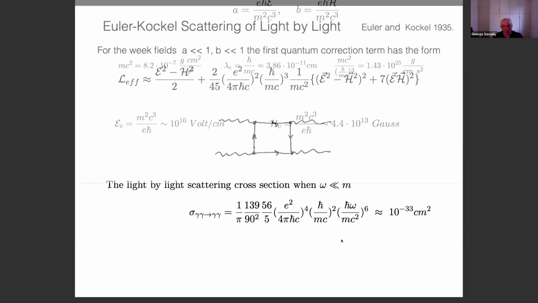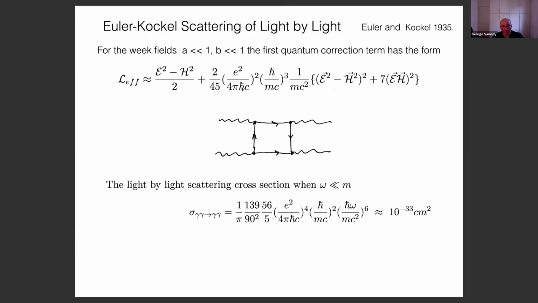That's the conclusion from here. Also, beautifully, you can expand this for weak field, and you will see that to the classical Lagrangian, which is E square minus H square, there is this quantum correction, which is fourth order of the two invariants, right? This is E square minus H square, and this E times H in square.